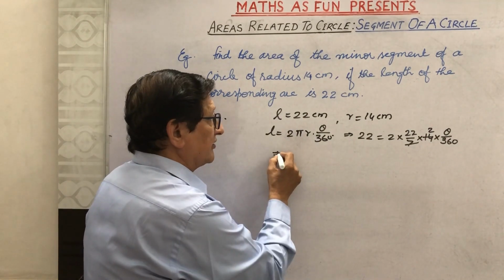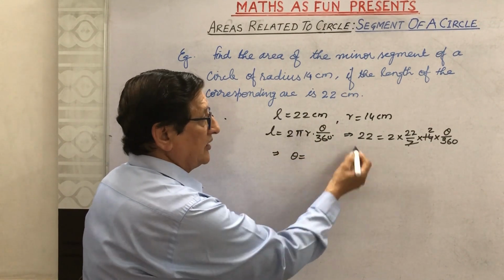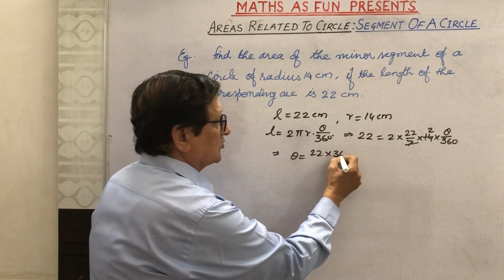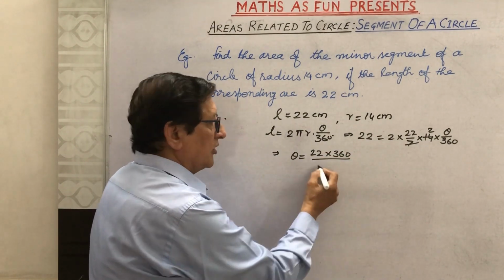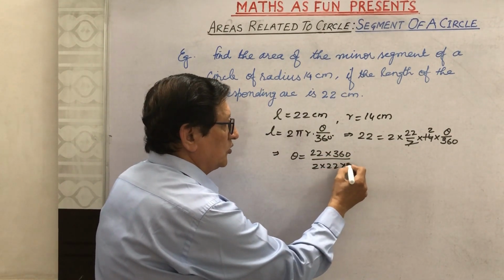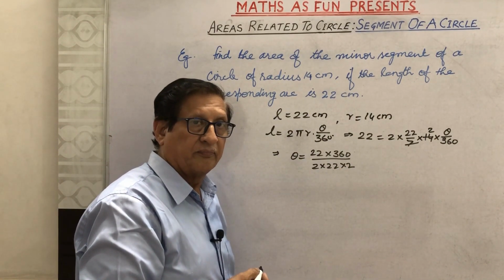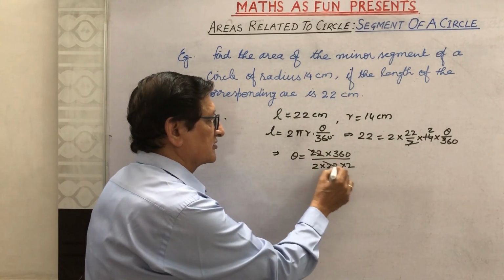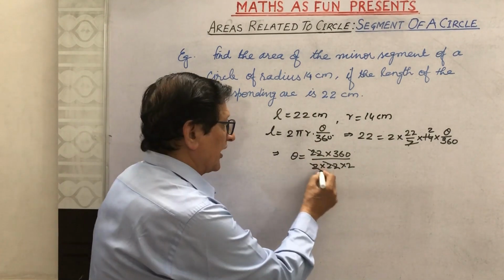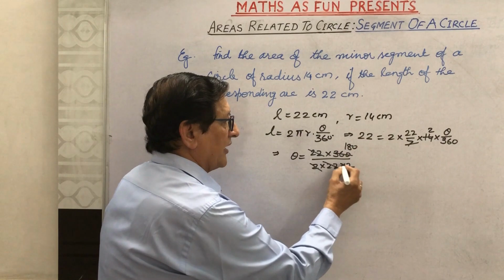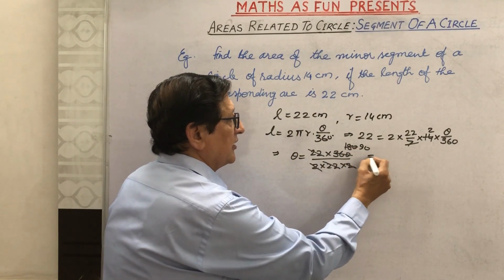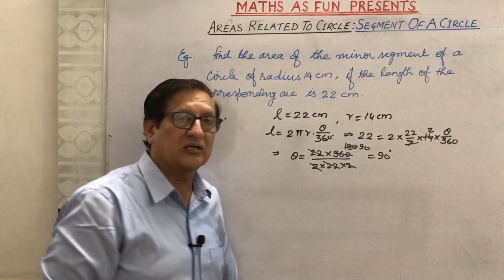And we can find here the value of theta will be 22 into 360 upon 2 into 22 into 2. Cancellation. 22 cancels this 22. 2 cancels this 360, 180 times, and 2 cancels this 180 as 90. It means the value of theta is coming as 90 degree.